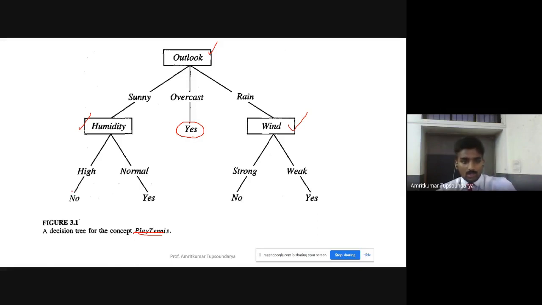So the ultimate objective is to get these discrete values, right? These discrete values, either yes or no, whether we are going to play the tennis or we are not going to play the tennis. So these are the discrete values. Now these discrete values, as you can clearly make out, are our leaf nodes.